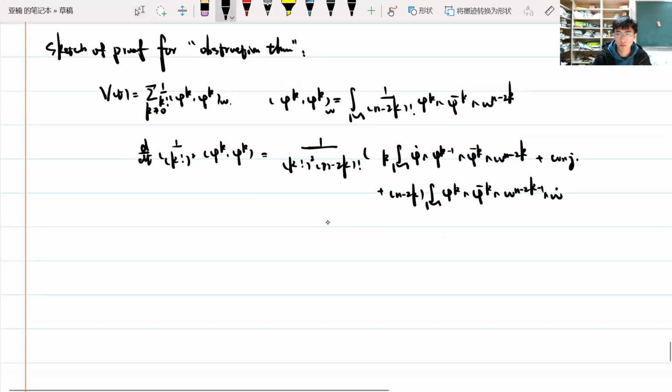We derive here using the evolution equation and integration by parts.